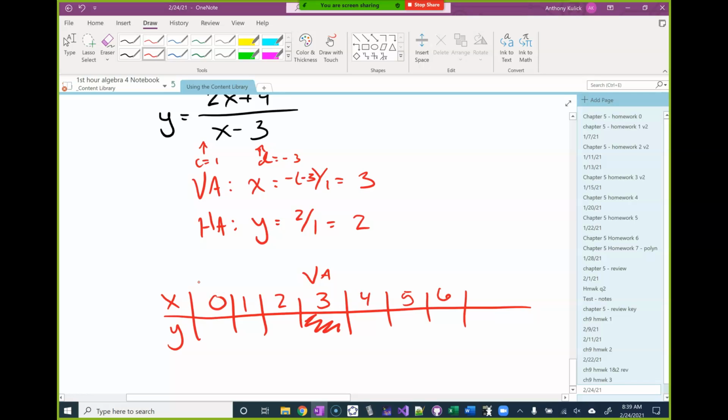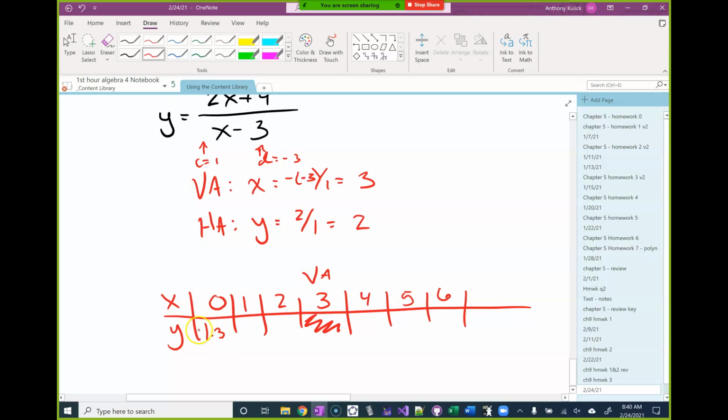No reason to get all kinds of complicated about it. And then how do we find the y-coordinates? You just plug those values of x back in, right? So let's see, I get negative 1.3, and then that's 6 over negative 2, so that's negative 3.